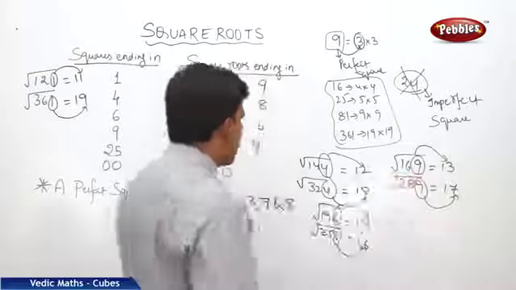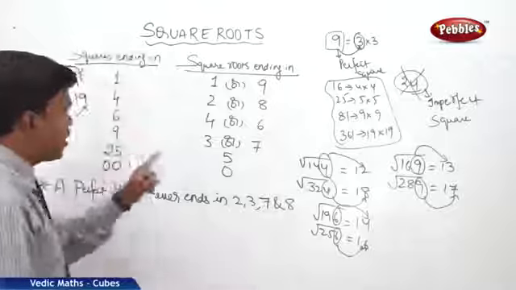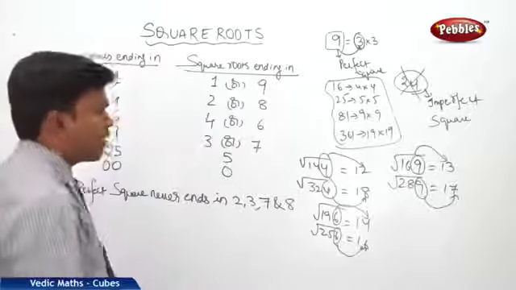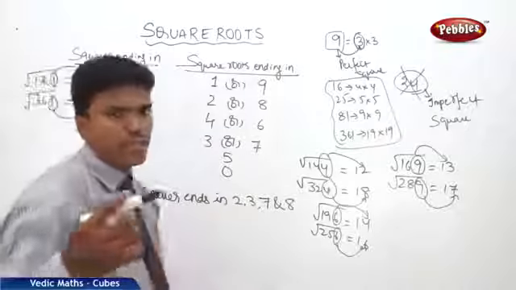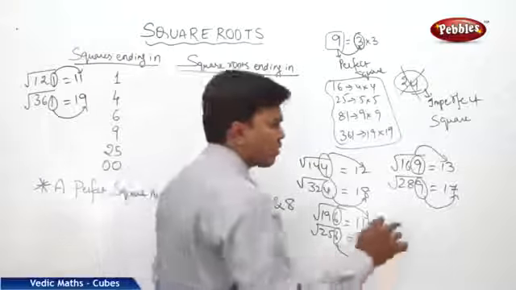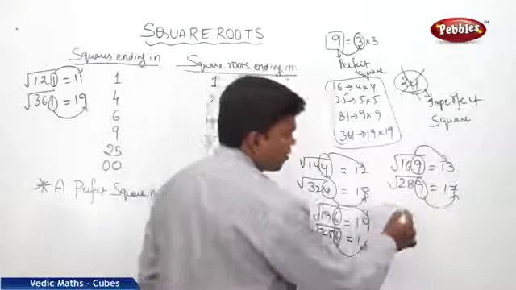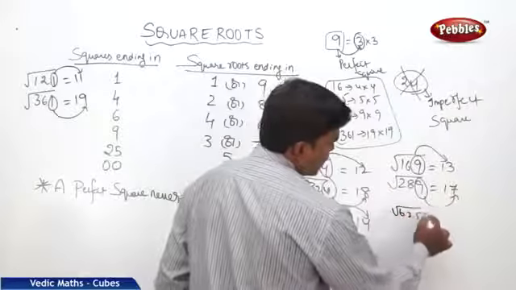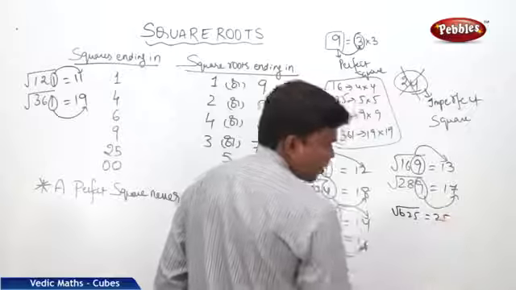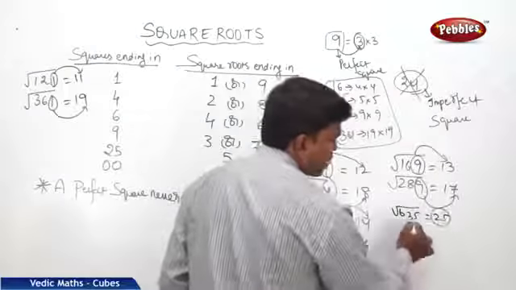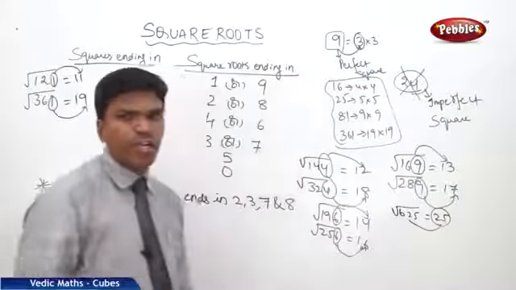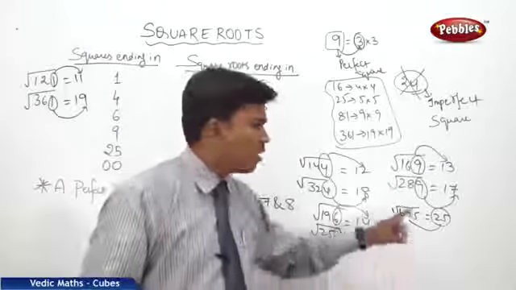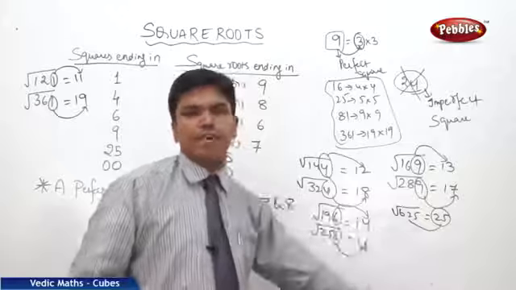Similarly, if it is 25, yes or no? For example, whatever number is ending in 25, if it is a perfect square, suppose let us take the square root of 625, nothing but 25 only. So that's what I mean to say. A perfect square ending in 5 also has a square root ending in 5 only.